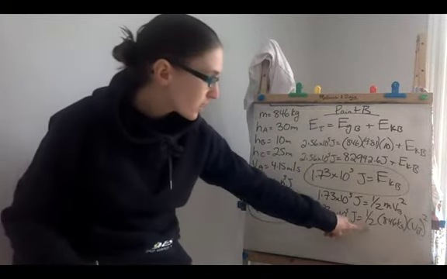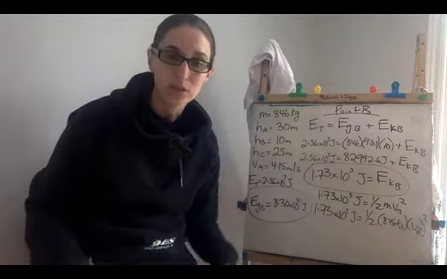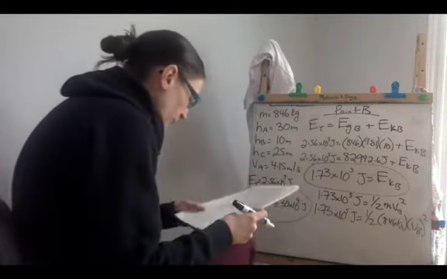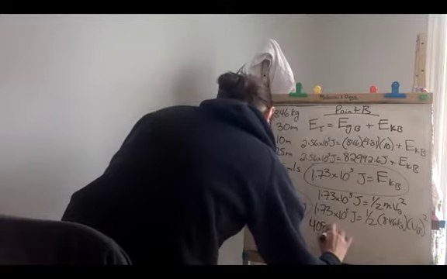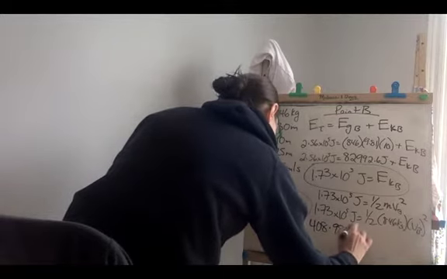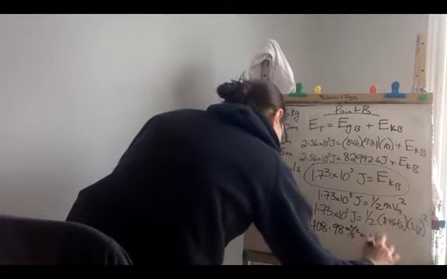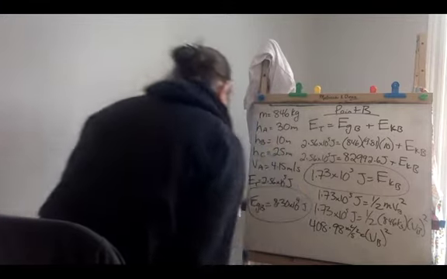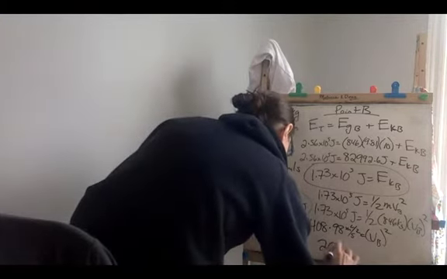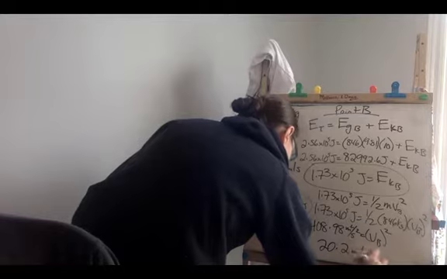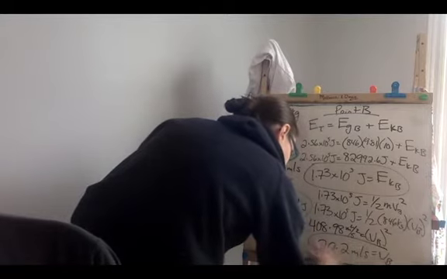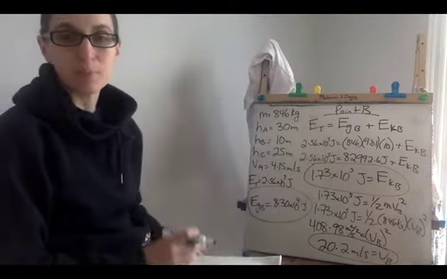I divide both sides by 1/2, I divide both sides by 846, and I get a value of 408.98 meters squared over second squared is equal to vB squared. I square root, and I get an answer of 20.2 meters per second is my velocity at B.